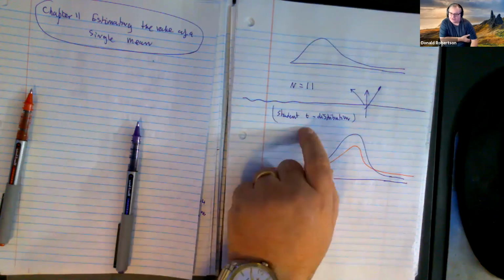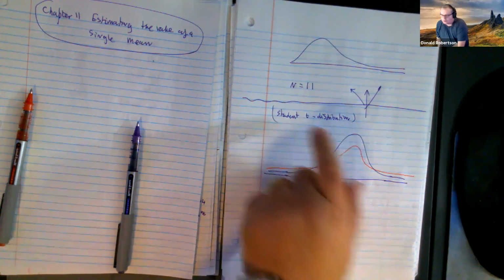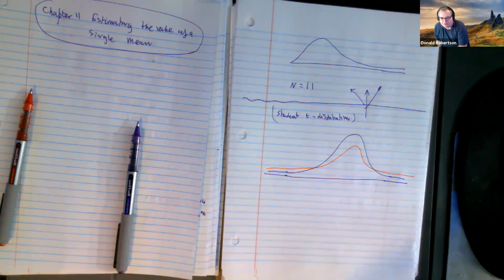Very interesting side story. The guy isn't called Student. I can't remember what his name is, but I do remember something about him because I like drinking Guinness. He was actually a scientist who worked for Guinness. And in his part-time, he spent studying problems of quality control with very small samples.